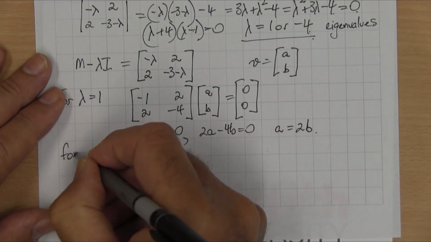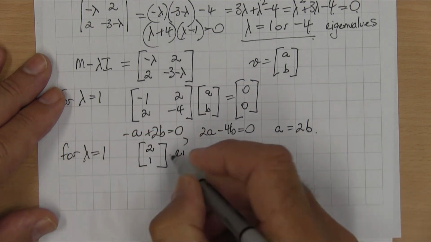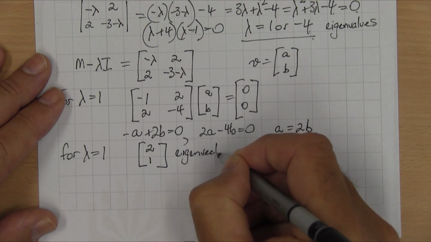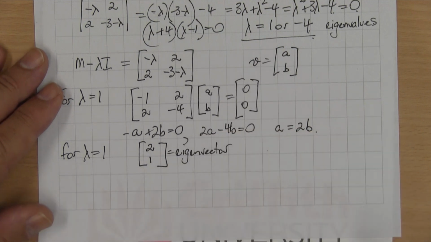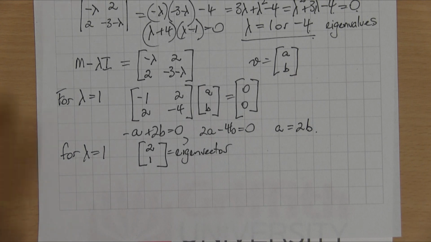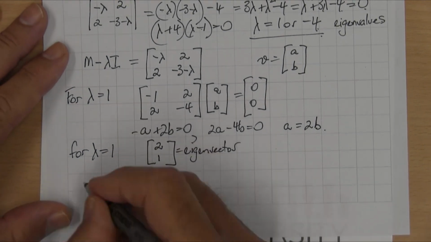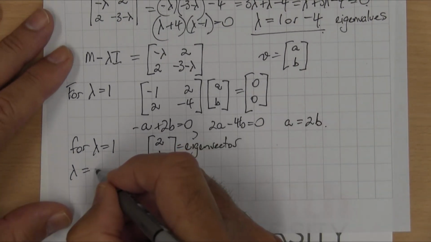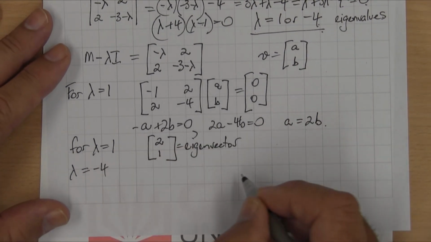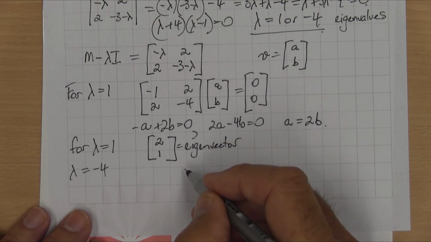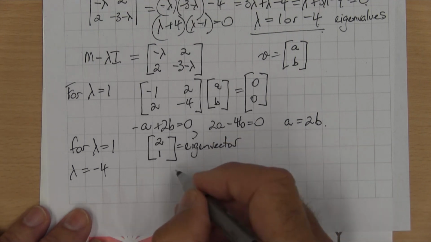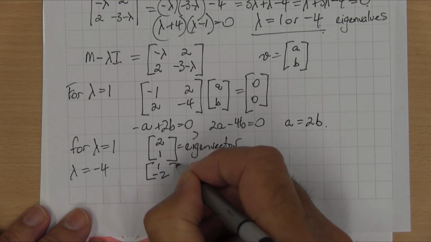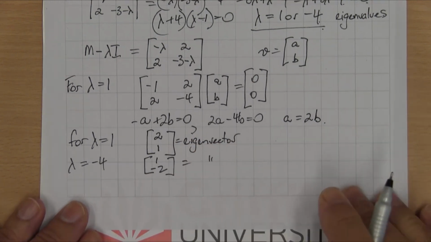So for lambda equals 1, the eigenvector is (2, 1). Similarly, if you put lambda equals, what was the other one? Negative 4. You can substitute in again, and you get the eigenvector as being equal to (1, -2).